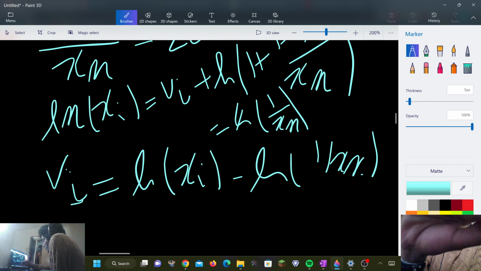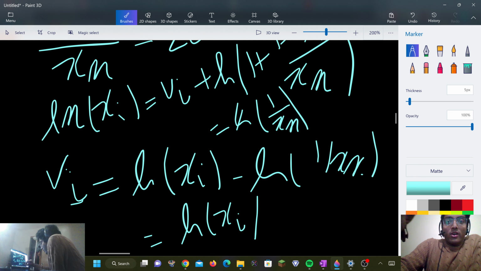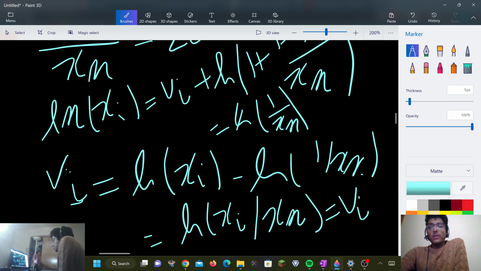Then we combine with log properties, and you get ln of x_i over x_n equals v_i. So basically what that tells you is your variable transformation: you take the natural log of the mole fraction of that component divided by the mole fraction of the last component, and you can use that for unconstrained variable transformations for mole fractions.